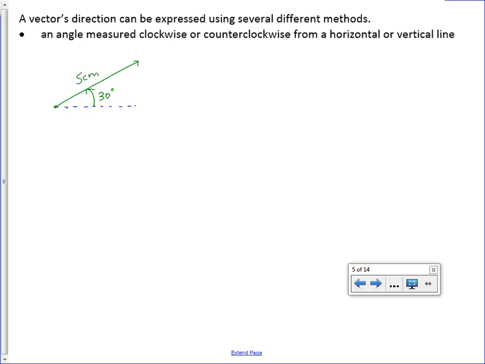If I said draw a vector that's 5 centimeters long and 30 degrees clockwise from the horizontal, then instead of the angle going upwards, it would have gone downwards. Okay?